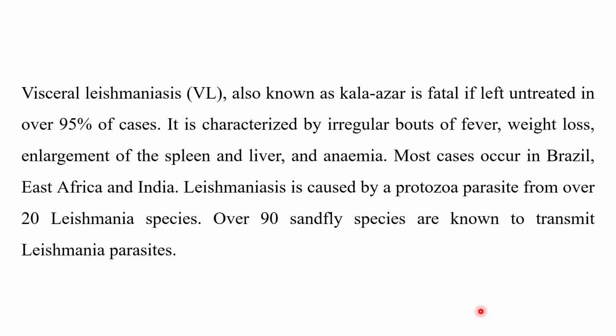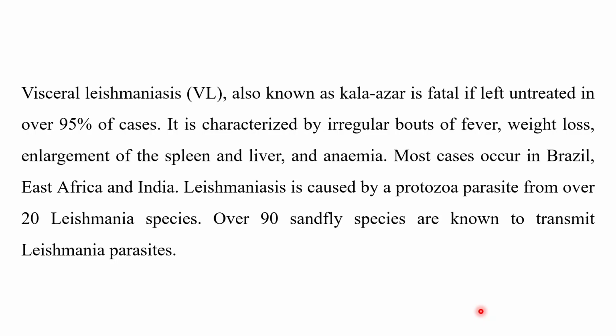Most cases occur in Brazil, East Africa, and India. Leishmaniasis is caused by protozoa parasites from over 20 Leishmania species. Over 90 sandfly species are known to transmit Leishmania parasites. So it's a protozoan disease. Leishmania is a protozoan, and it's a parasite.